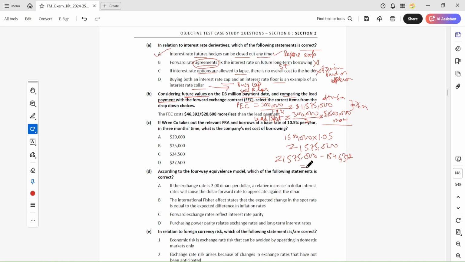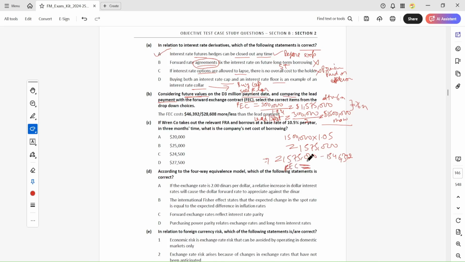How much extra do we pay if we go with FEC, the forward exchange contract?